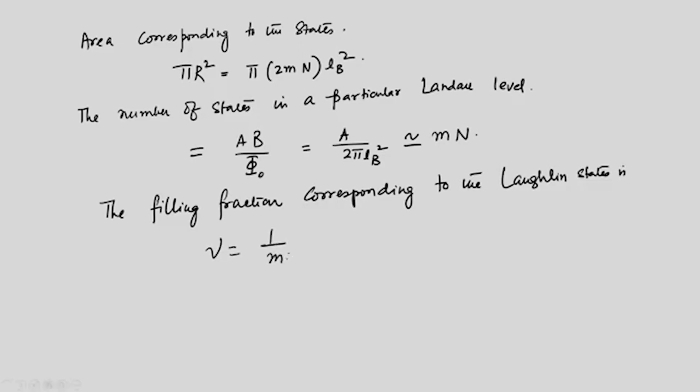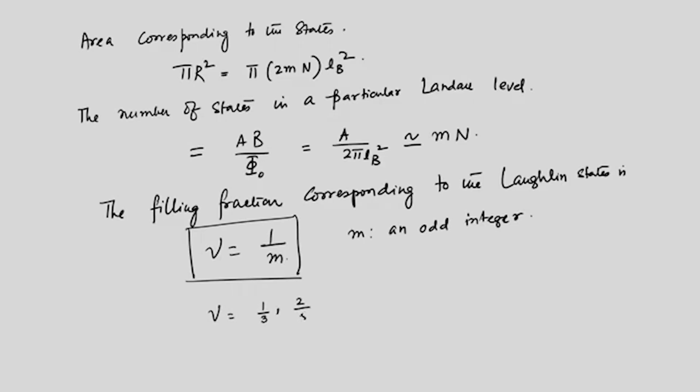The number of states in a particular Landau level is mn, and the filling fraction is n divided by mn, which is 1 over m, and this is exactly what we wanted. And what else? m is an odd integer, which means we get Laughlin states corresponding to 1 over 3, 2 over 5, 1 over 5, 3 over 7, 4 over 9, and so on and so forth.